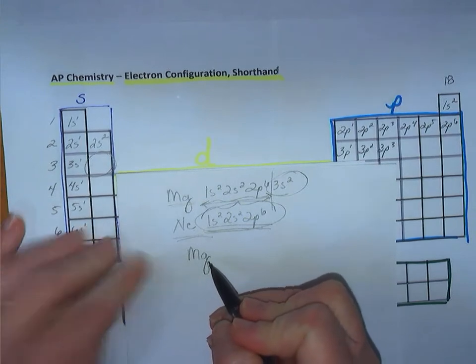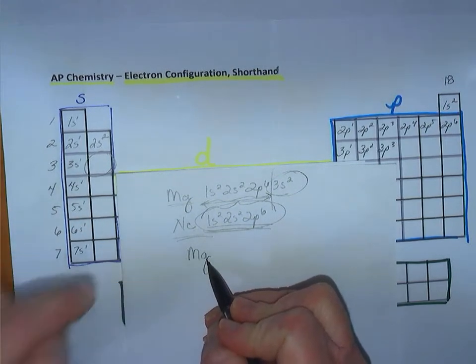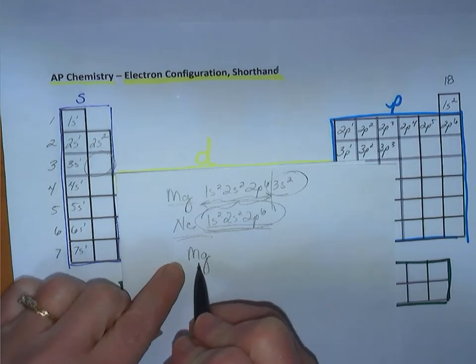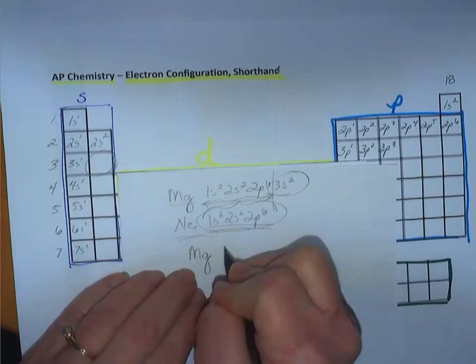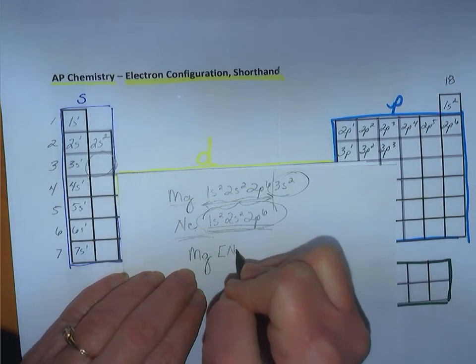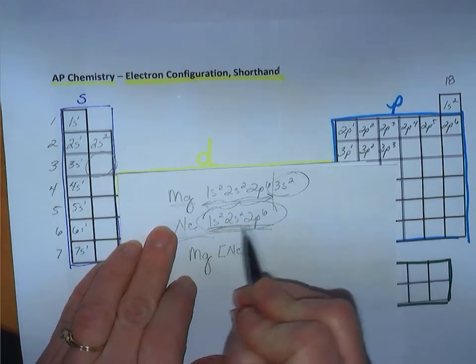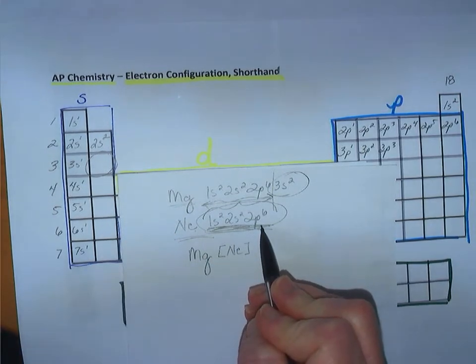So, to do inner core shorthand notation, you refer to the noble gas that's in the period above that element. So since this is third, I would go to the second period and start with that noble gas. Putting that noble gas in brackets means all the electrons that neon has in its configuration.